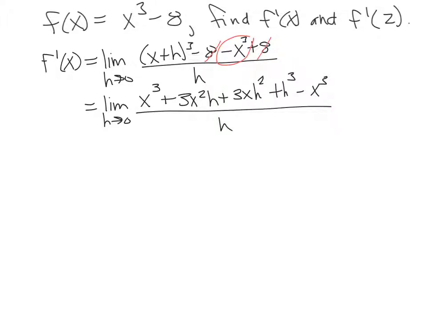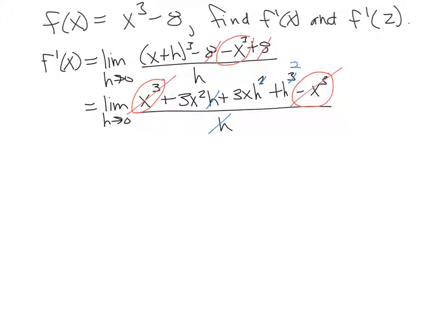Now again, notice the same thing is going to happen. Any term in the numerator that doesn't have a factor of h should have a term to cancel with. And sure enough, x cubed and minus x cubed cancel, and that will allow us to reduce out the h.